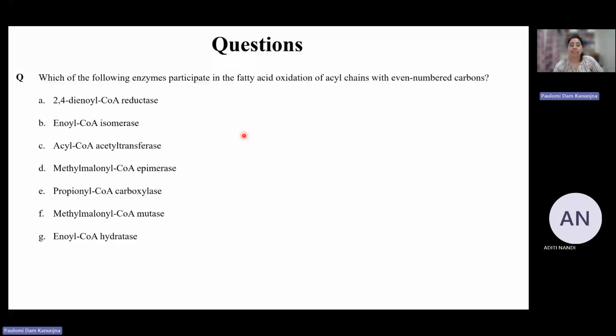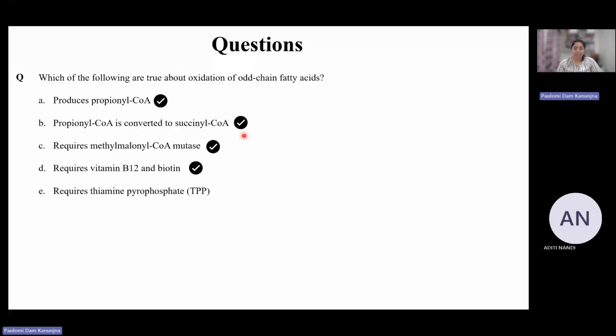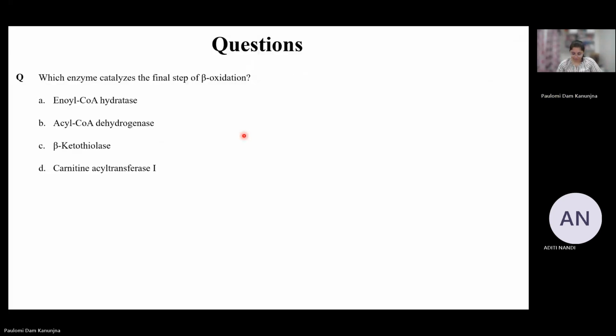Next one. Which enzyme catalyzes the final step of beta oxidation? It's a good place for you to try to remember the entire pathway and see what's happening there.